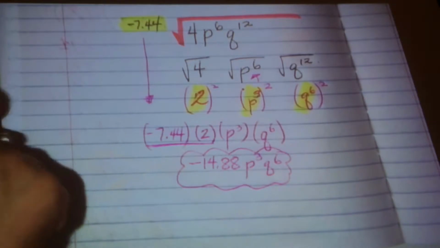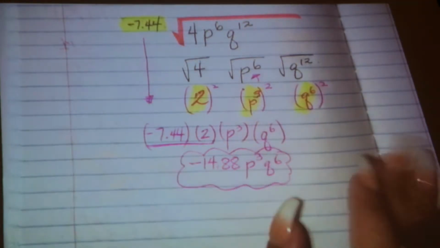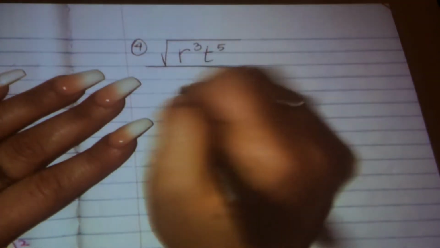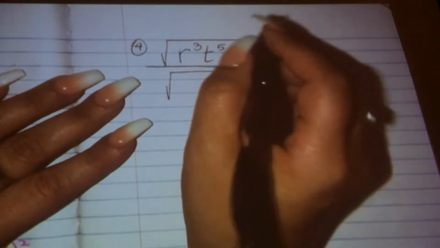Alright, another common question I got was number 4. I want to do as many as we can so we can finish making our poster. I have the square root of r cubed t to the 5th divided by the square root of rt to the 4th.